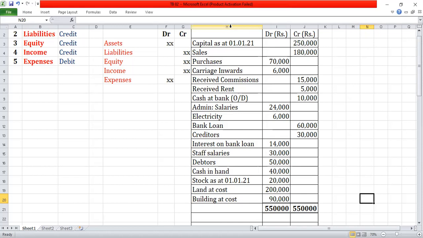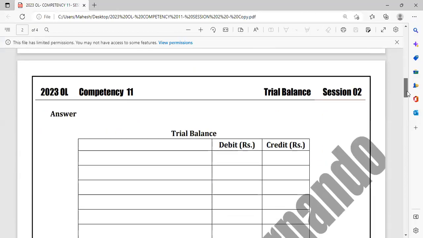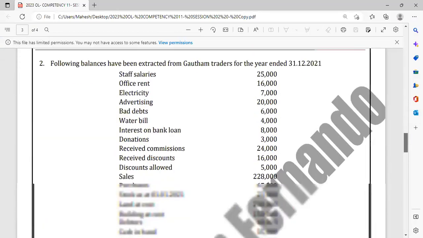Now, the next activity given in the tutorial.